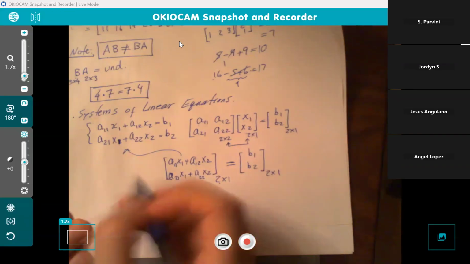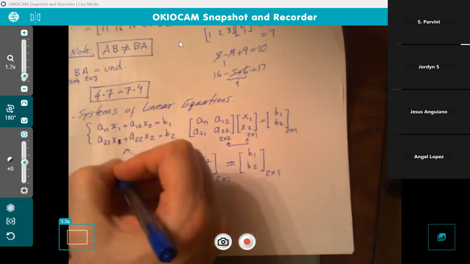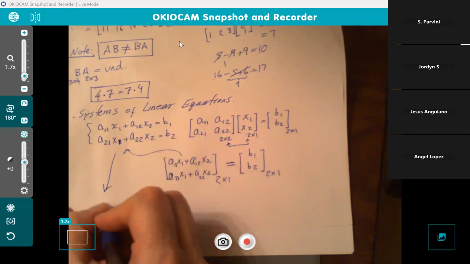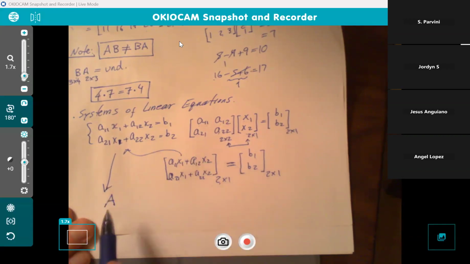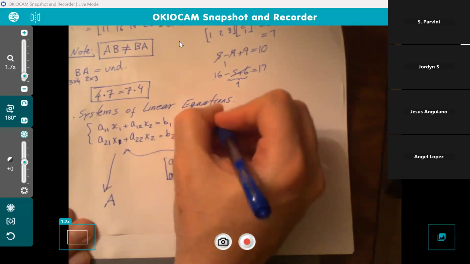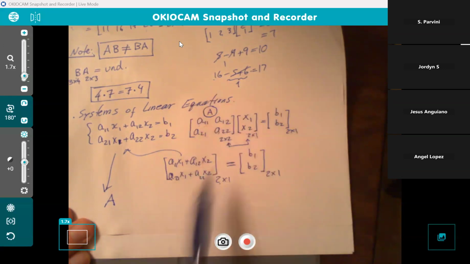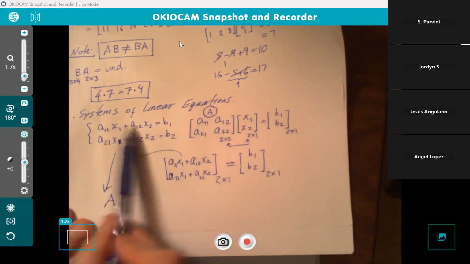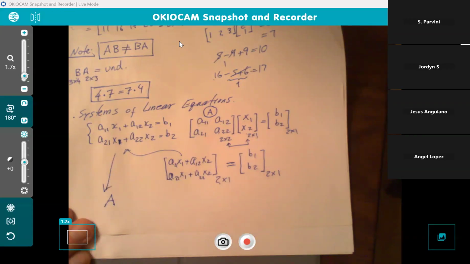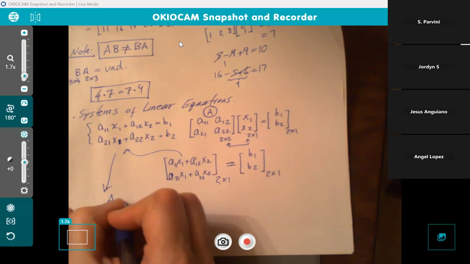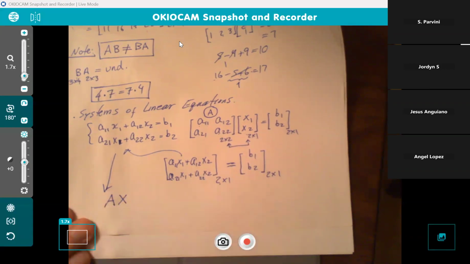Now, in general, this is how we're going to write the system. The system is going to be A, and this is what A is. Matrix A is the matrix of only the coefficients, no variables. And then that multiplies by a column matrix of X, right?